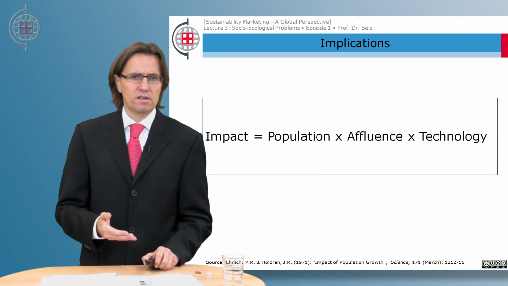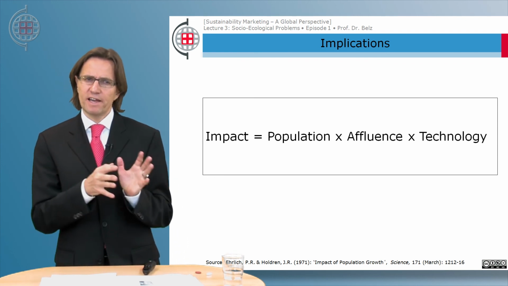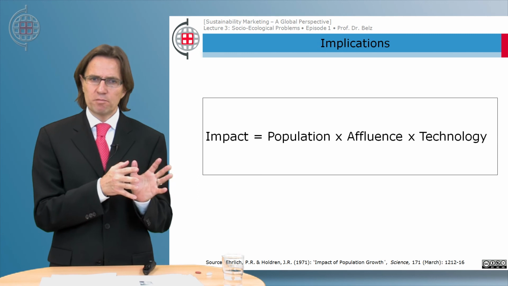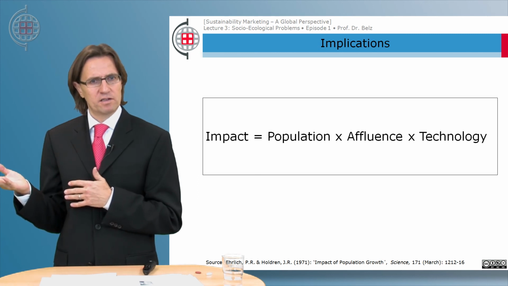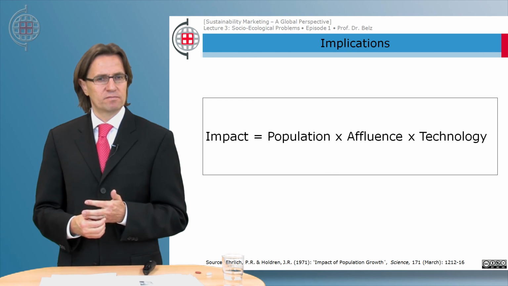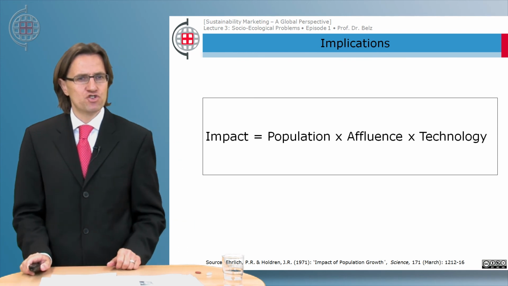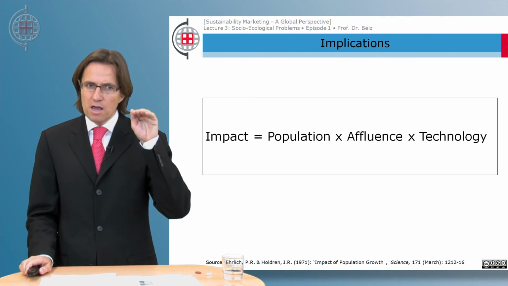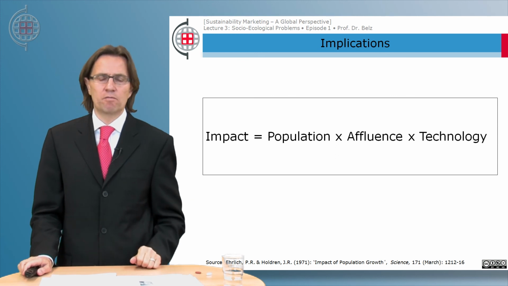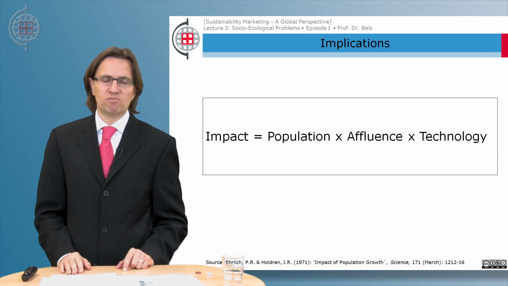What does the IPAT formula mean? What is the connection between the IPAT formula and sustainability marketing? What kind of implications does it have? Can sustainability marketing make any contributions to reduce the impact of human beings on planet Earth? Well, when it comes to world population, no, not necessarily.